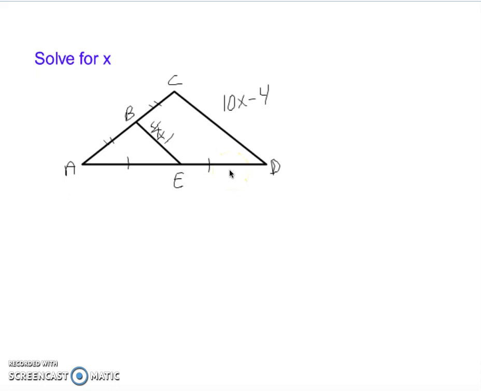The rules were, I can double the midsegment, which is 4x plus 1. So I can take 2 times 4x plus 1, and I can set that equal to the third side, which is 10x minus 4. So here would be my first way.